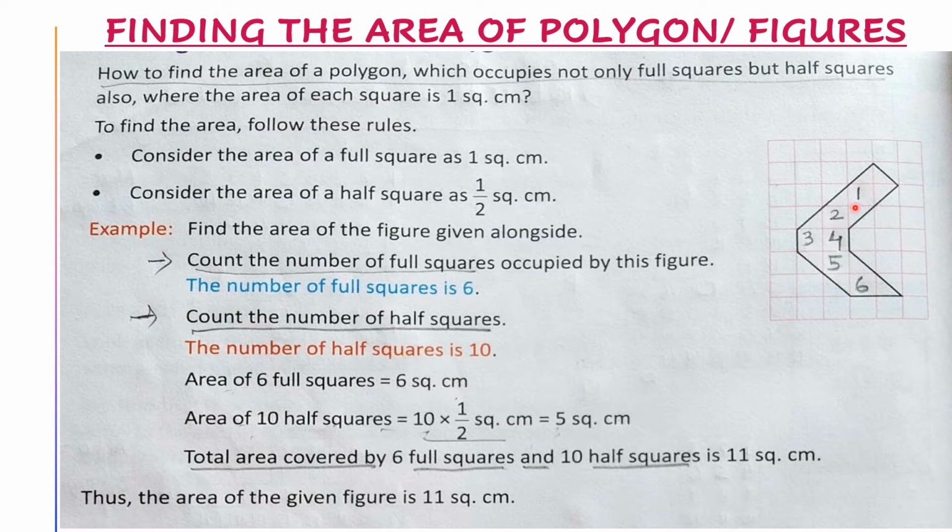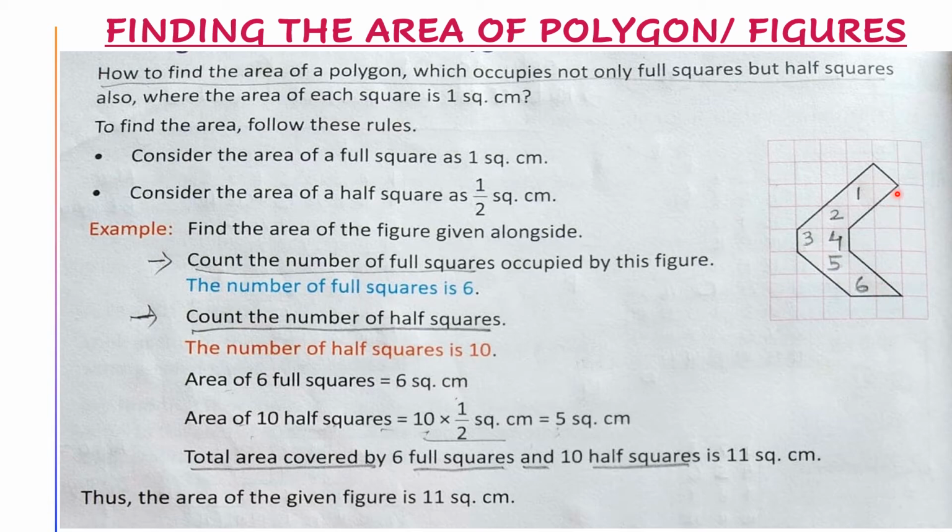Now let us find the area of this figure. To do so, first count the number of full squares occupied by this figure, as 1, 2, 3, 4, 5 and 6. The number of full squares in this figure is 6. Then count the number of half squares.